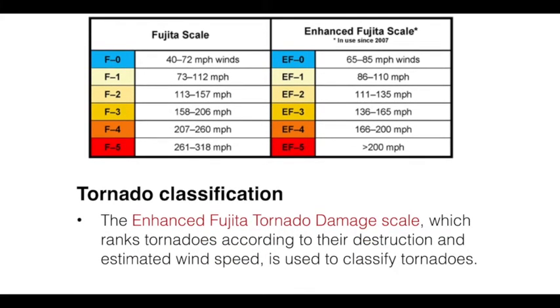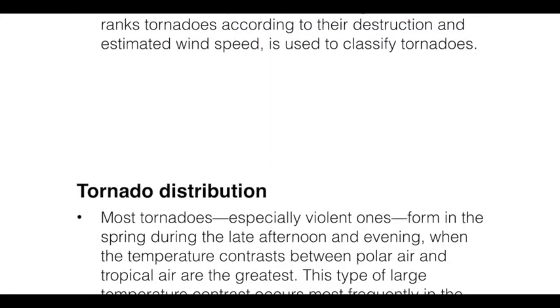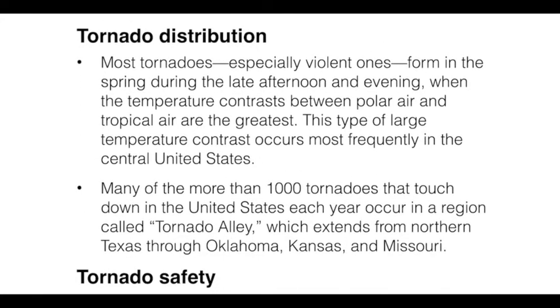Now the enhanced scale has to do with damage. Not exactly how much the winds are, but what the damage is being done based upon the winds. And so there's actually a couple different ways you can do that. Most tornadoes don't form when the air can't get around objects. So in mountains, it's pretty rare for a tornado to form, because you've got to get winds that are going fast in the top, slower along the bottom in the same direction.